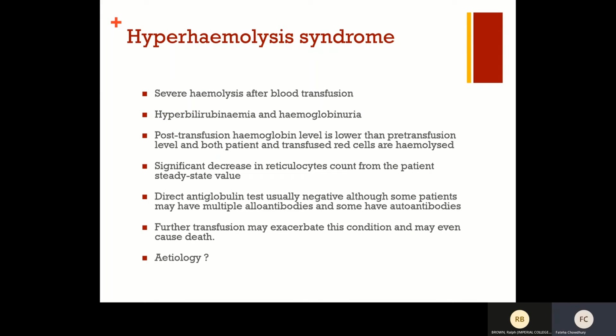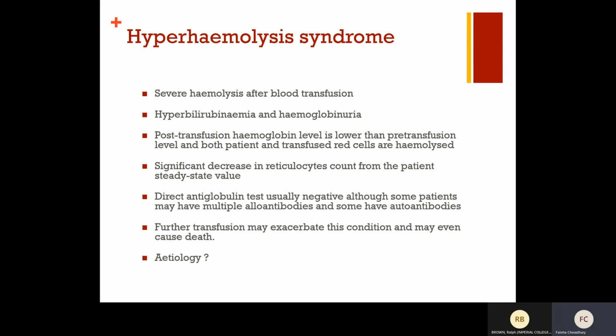So hyperhaemolysis syndrome, it's severe hemolysis, and it's the condition that we dread in our sickle patients. They have a hemoglobin post-transfusion which is lower than the pre-transfusion, and both the patient and the transfused red cells are hemolyzed.